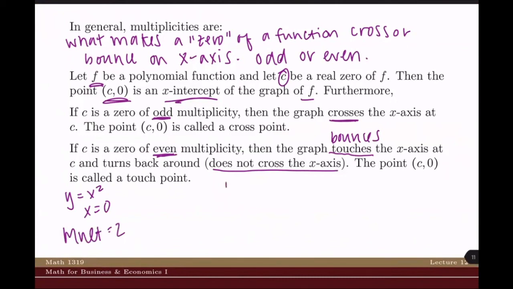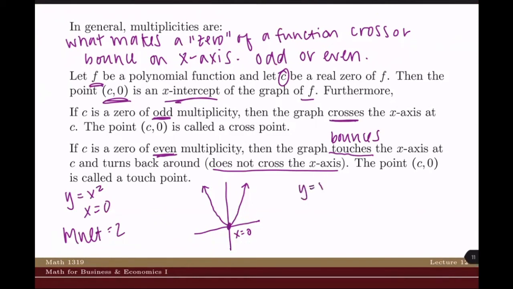So that means my parabola, and hopefully you remember the parent parabola, my parabola looks like this. So you notice here at this 0, right, this is x equals 0, you can see it bounces or touches the x-axis and comes back. So whenever things have an even multiplicity, they bounce, and when things have an odd multiplicity, they cross.